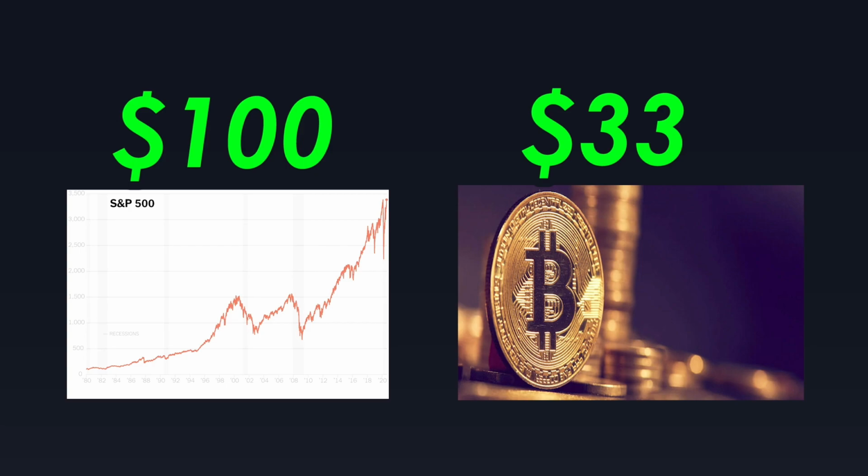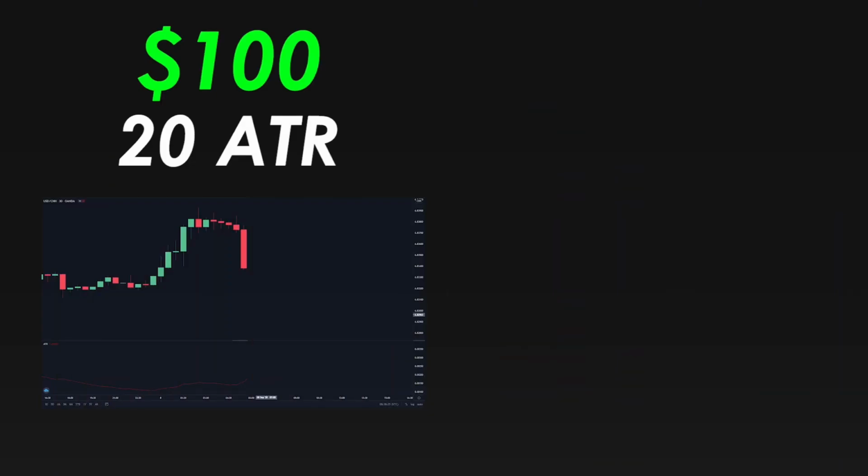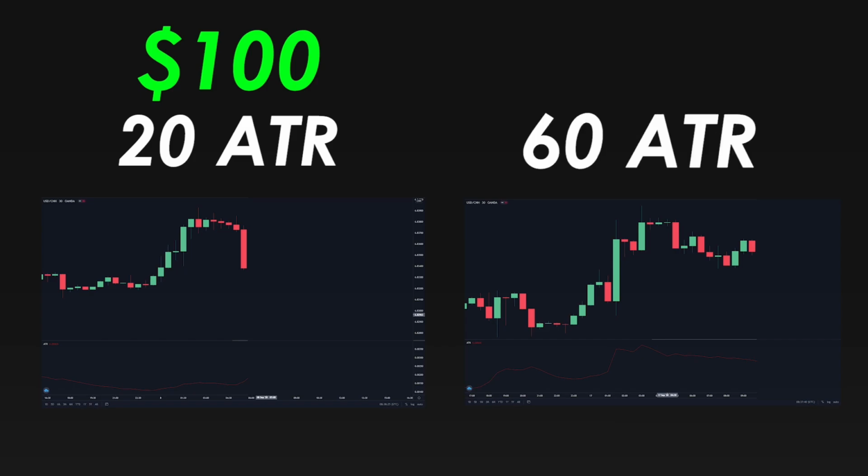So instead, what you actually want to do is this. Let's say per trade, you are risking $100 on a market with 20 ATR. If next time you want to trade a market that has a higher volatility of, let's say, 60 pips ATR, since it's 3 times more volatile than the first one, that means you want to put your capital 3 times less.